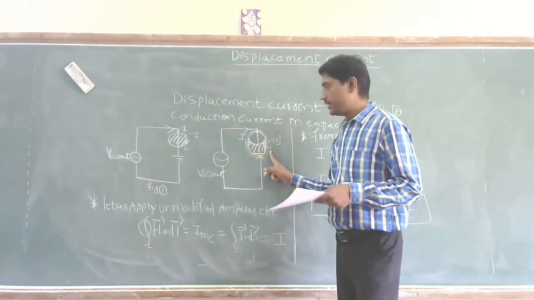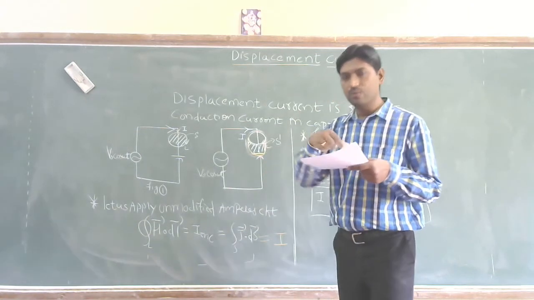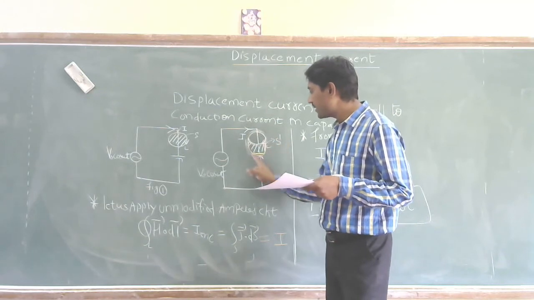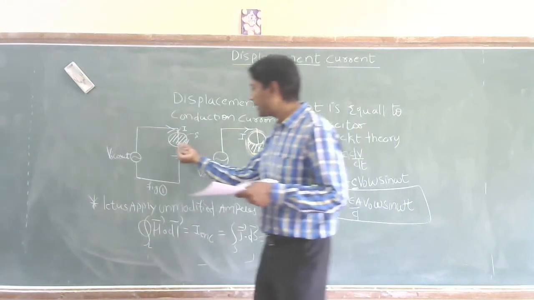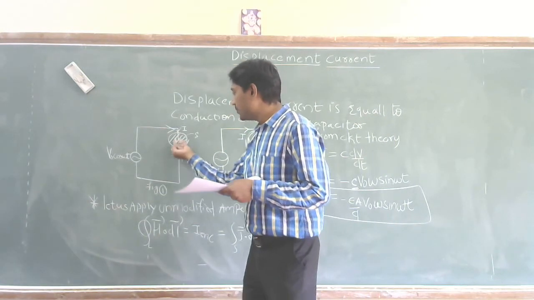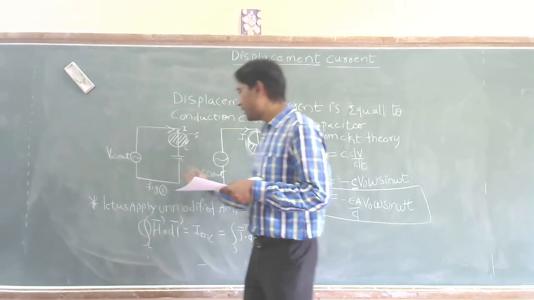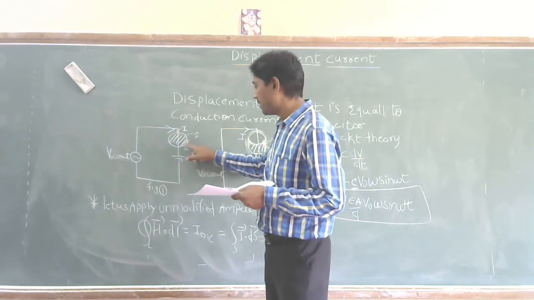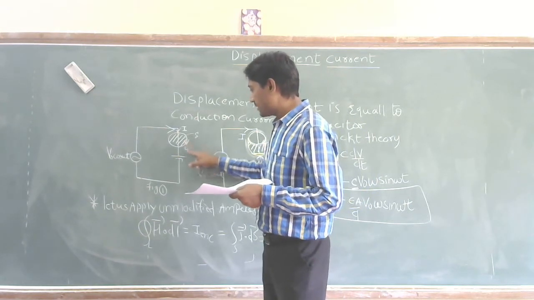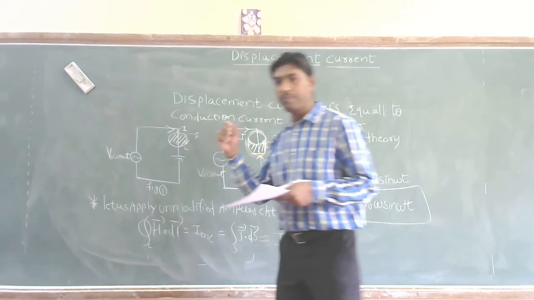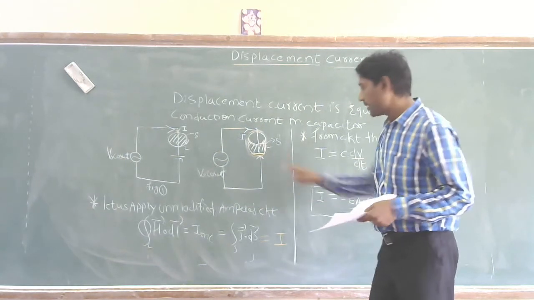Whereas in this case I have taken the same loop, but the surface is extended in such a way that it encloses one plate of the capacitor, as I have shown here.